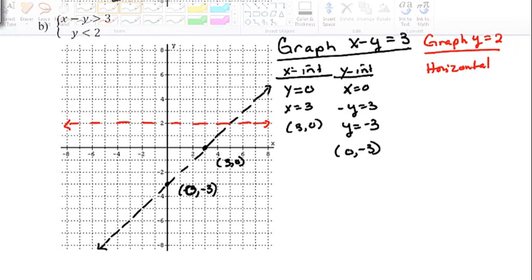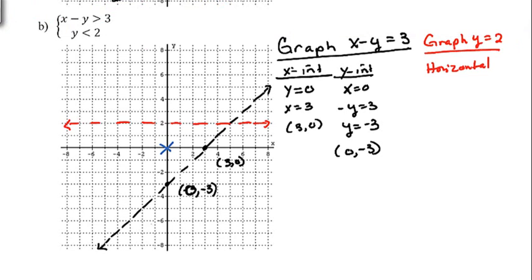The point that I'll test is (0, 0) because it's not on our line. If I plug (0, 0) back up into this original, we get 0 is greater than 3, which is false.